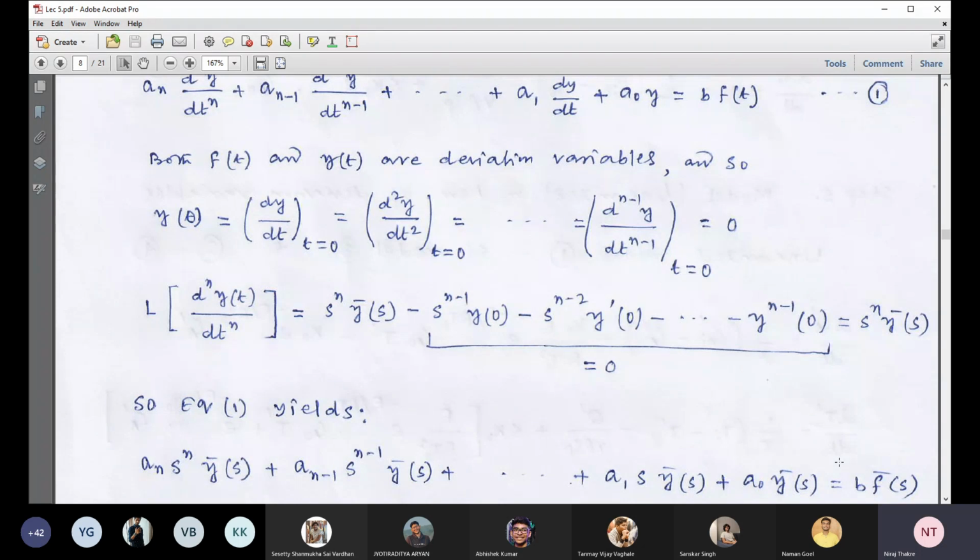With this understanding, our equation 1 gives this form of equation in the Laplace domain, the last equation which is shown.